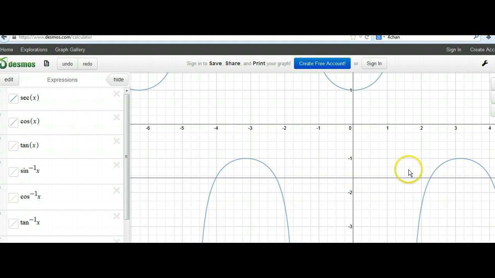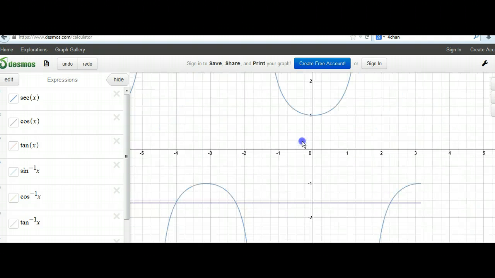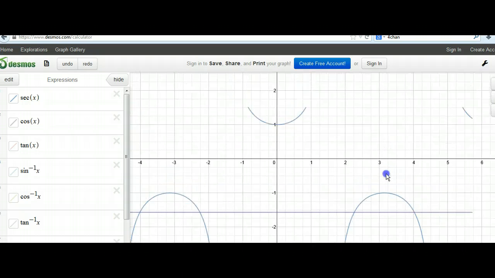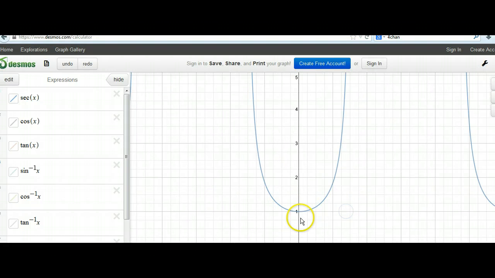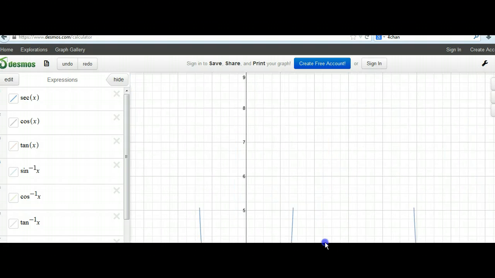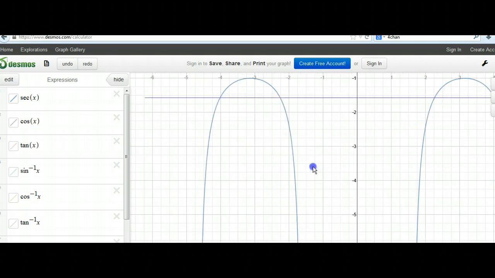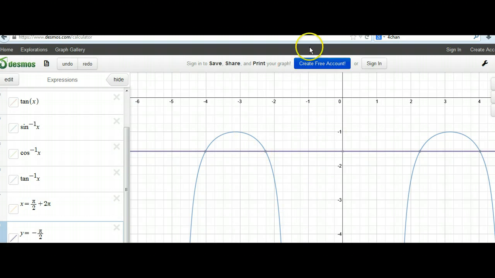Now secant of x is a little bit different. Since it is 1 over cosine, we need to find out when. You can tell it goes from 1 all the way up to infinity, and also -1 to negative infinity. That is our range.